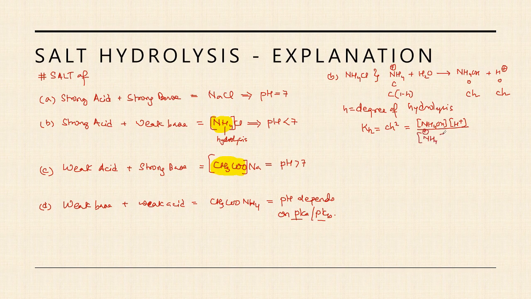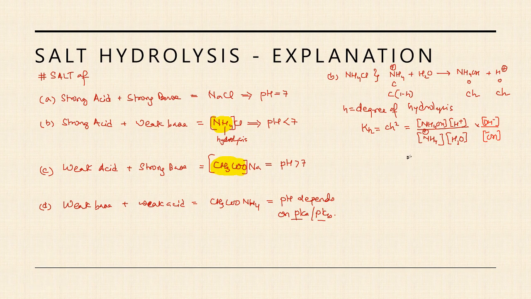NH4 plus times H2O. अब क्या कीजिए कि you multiply, if you are seeing numerator has H plus, then you multiply with OH minus and divide by OH minus. Ultimately, you will be able to break down this equation into two parts.